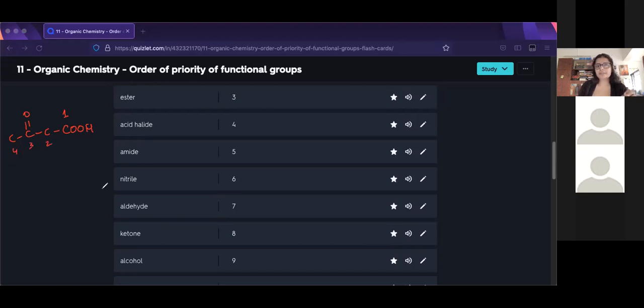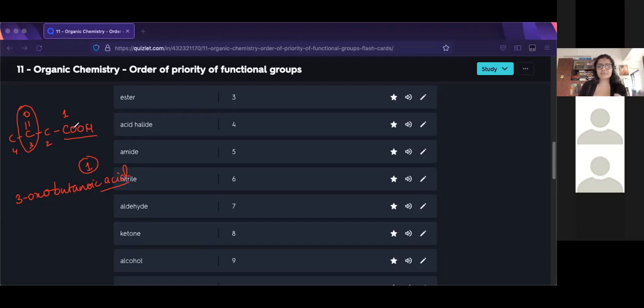So your parent name, because this is priority 1, will be butanoic acid. And this is treated as a functional group, like a substituent. It will become a prefix. Do you remember what the prefix version of C double bond O is? Oxo. So this will be 3-oxo-butanoic acid. Since it's an acid, this will always be 1, so you don't have to specify 1.